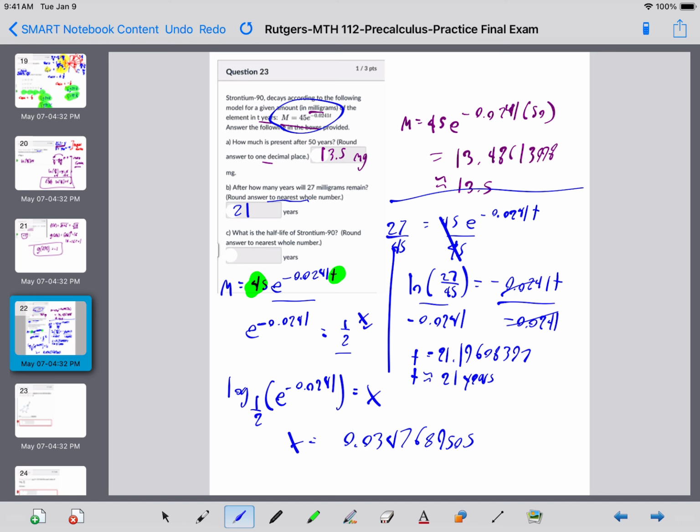Something else you actually could have done. What we're doing isn't incorrect. This is approximately 3 out of 100 plus 4 out of 1,000 plus 7 out of 10,000 plus 6 out of 100,000, right?